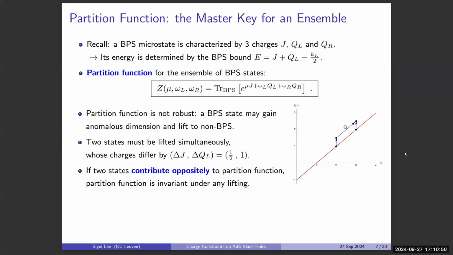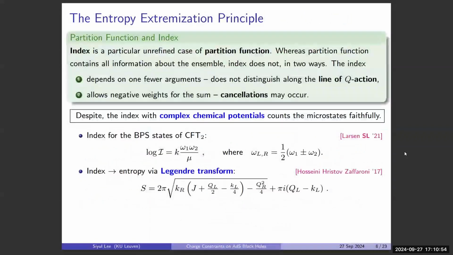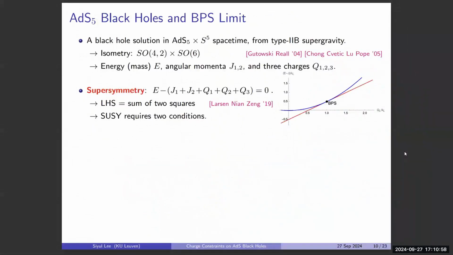Right, so everyone is very satisfied with the AdS3 result. Let me go now to AdS5. For AdS5 black holes, there are similar properties. There are known solutions by Gutowski and Reall that live in AdS5 times S5 spacetime, whose isometry gives you now 6 instead of 4 conserved quantities, including 1 energy, 2 angular momenta, and 3 other charges.